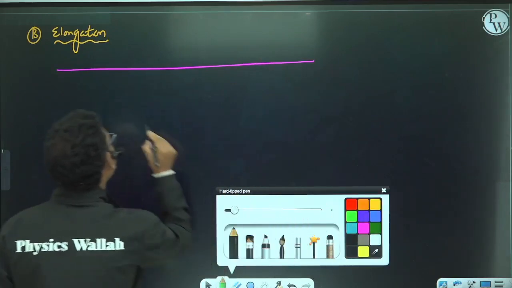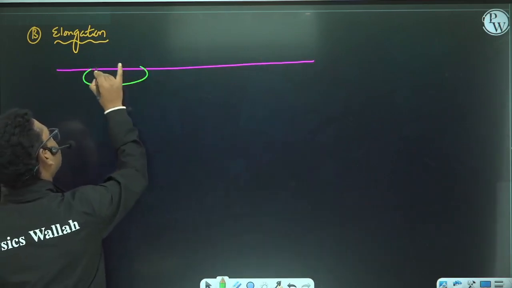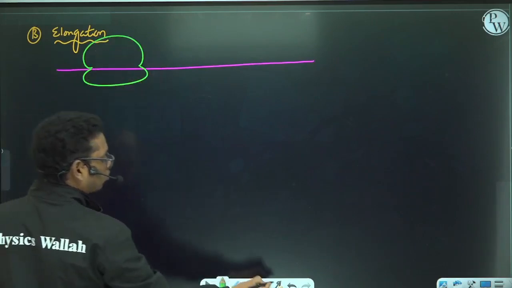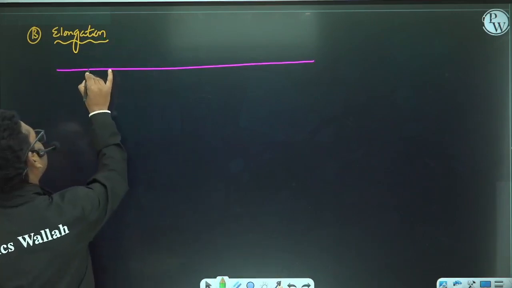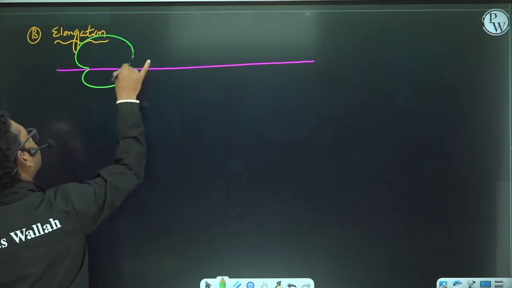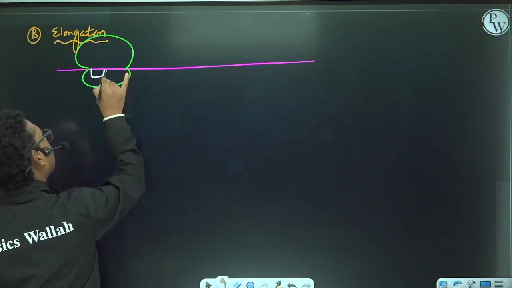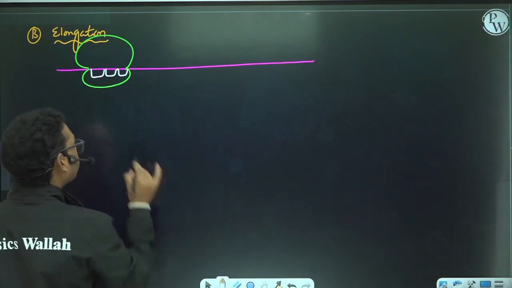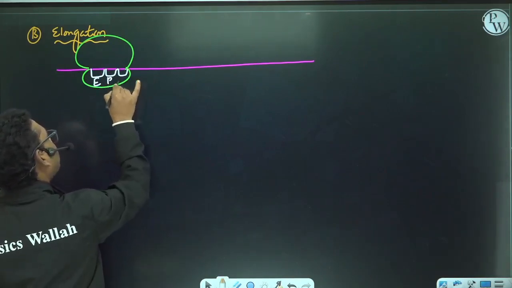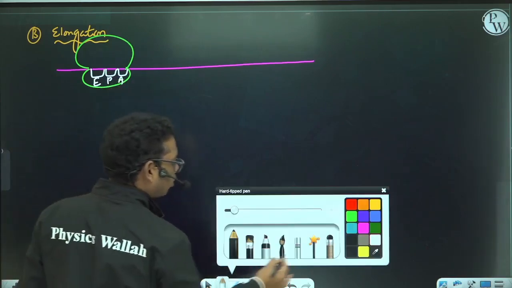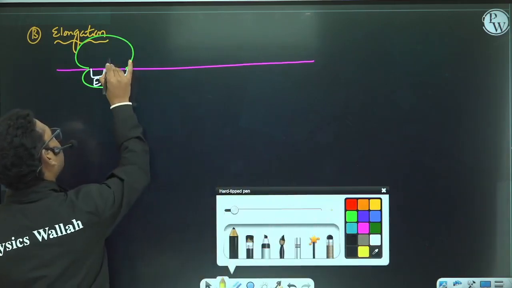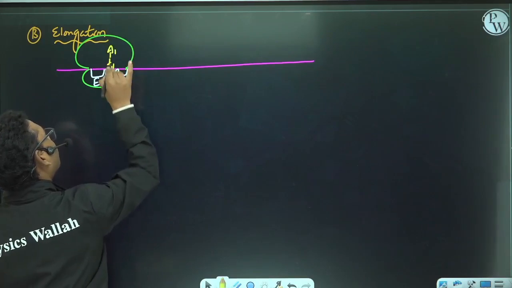Okay, and this is the ribosome. These are the various sites: E site, P site, A site, and here what do I have? I have tRNA first, which is bound with amino acid.